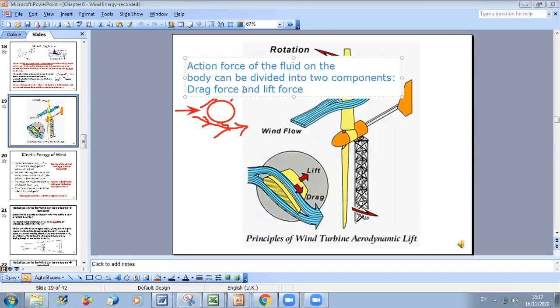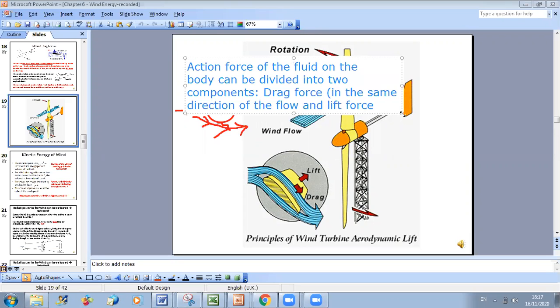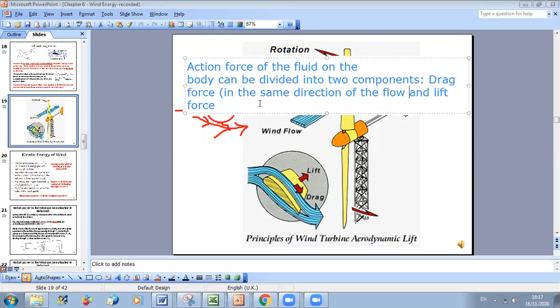The drag force is defined as the force in the same direction of the flow, and the lift force is the component of the force in the direction perpendicular to the flow.